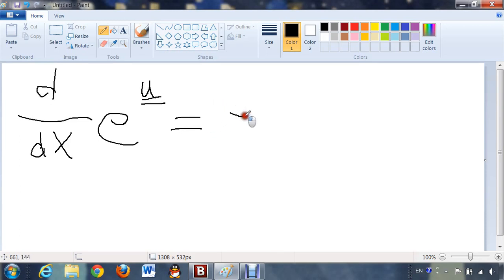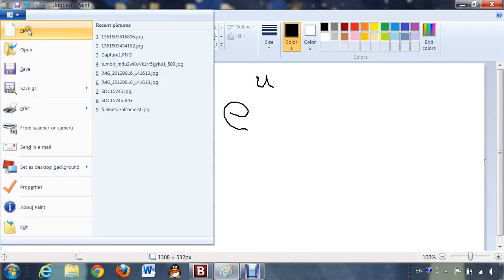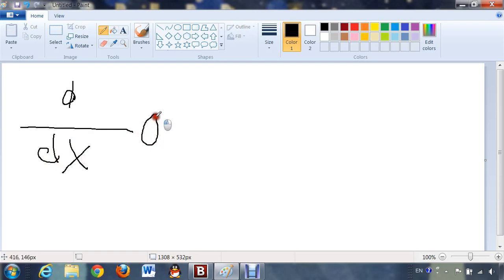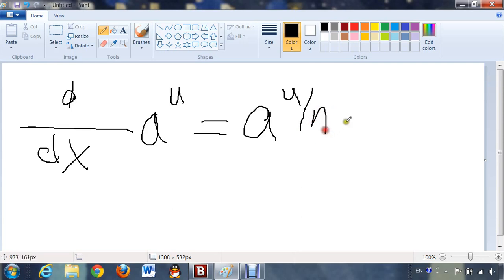But the derivative of e to the something is always e to the something. It doesn't change. Next, the derivative of a to something is a little bit different from e to the something. You still write down a to the something, but there's more. You have to times the ln of a. That is the derivative of a to the something.